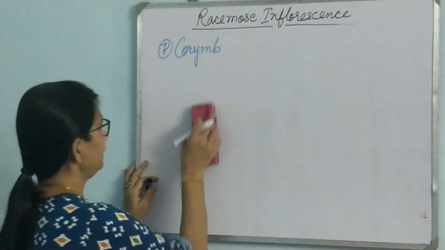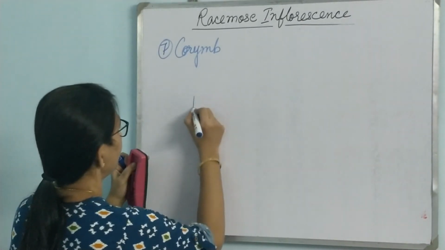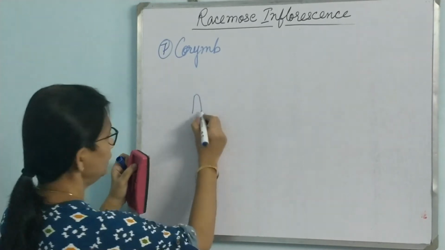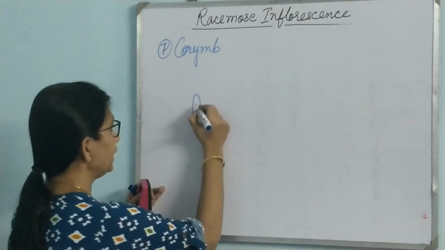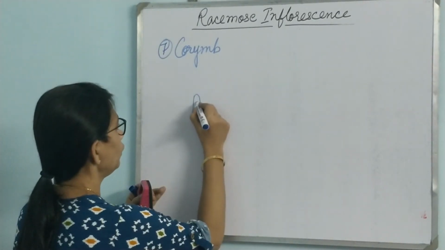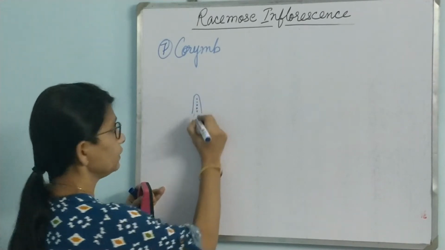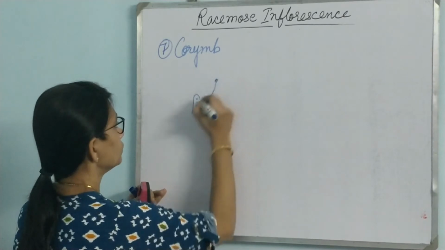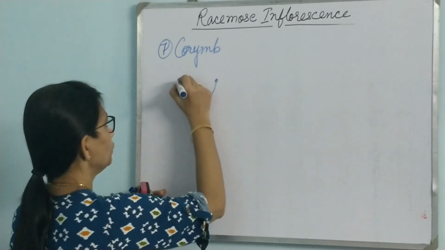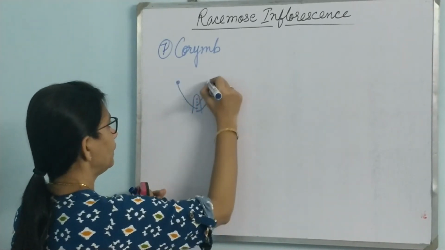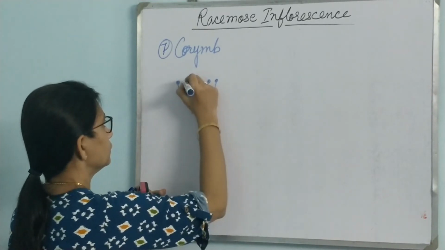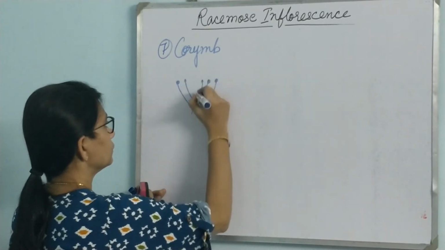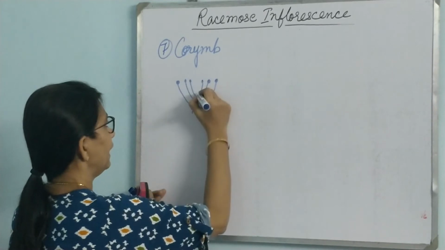The peduncle is small. So what happens in the case of a small peduncle? The nodes will be close together. The nodes will be very close to each other, and the flowers will arise from the nodes in an acropetal manner.